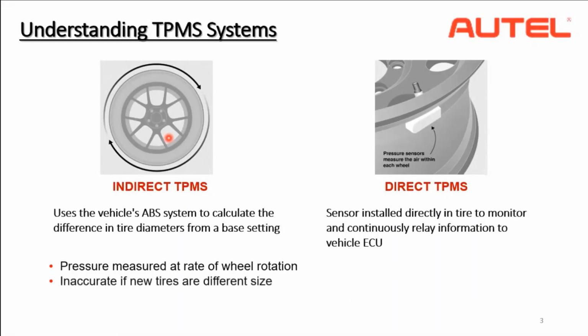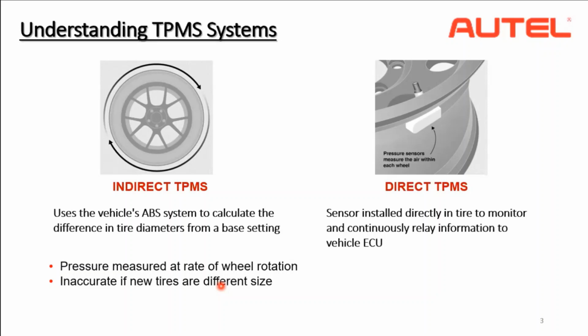And another concern is that it is inaccurate if new tires are of a different size. Basically, if you change the tire size from the OE recommended tire size, and the diameter of the tire has changed, the revolutions per second of the wheel rotation will change as well.